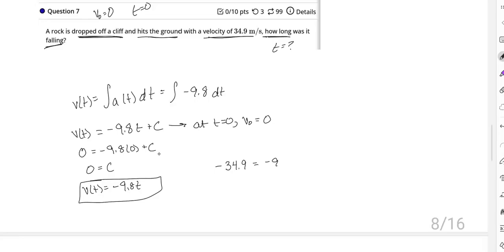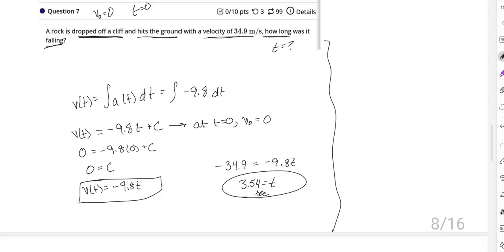So that's going to be equal to negative 9.8t. Remember, this tells us what's happening at that moment in time, so it's an instantaneous rate of change. And if I divide both sides by negative 9.8, I get 3.54. So it's going to hit the ground at 3.54 seconds.